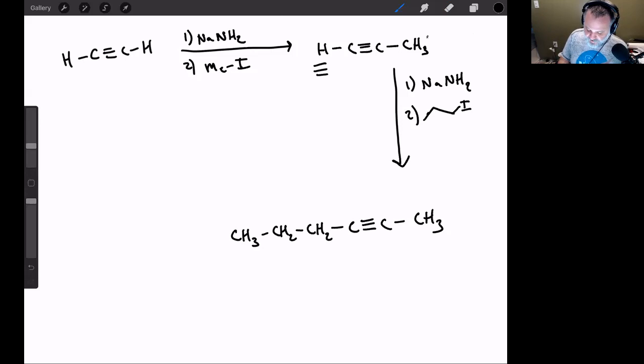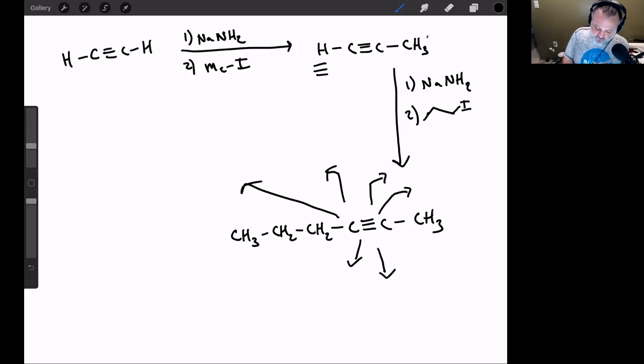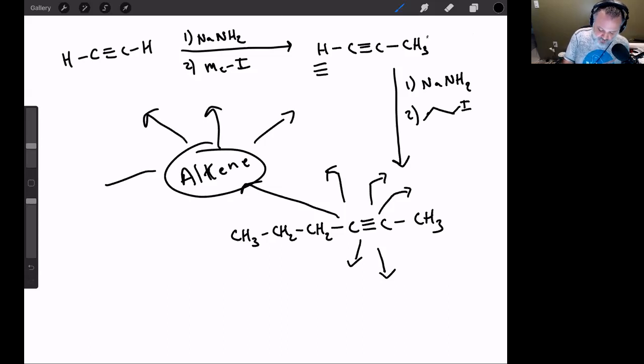And once you have this longer carbon chain, you have all of the different possible reactions of alkynes that you could do with it, including the reactions that would change this into an alkene. And once you're able to change that into an alkene, you have all of the possible reactions of alkenes to choose from.